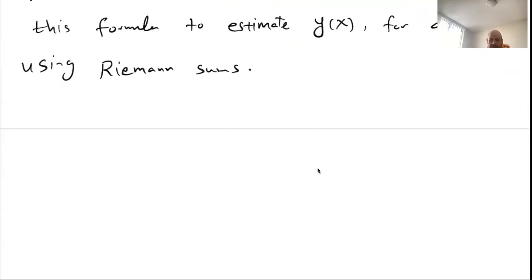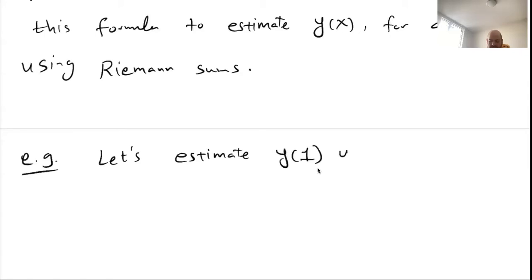For example, let's estimate y of 1 using the formula above.